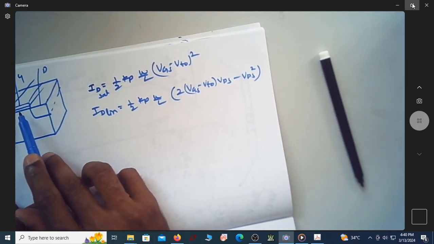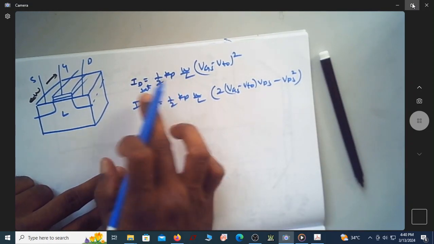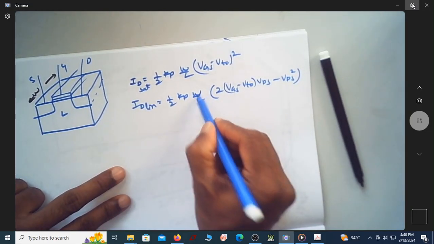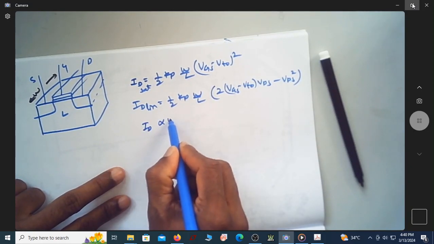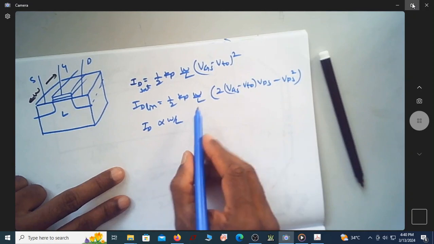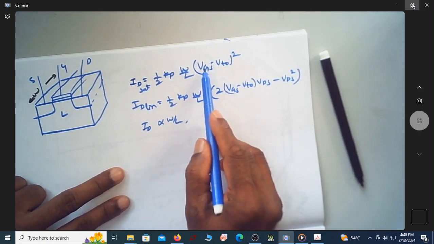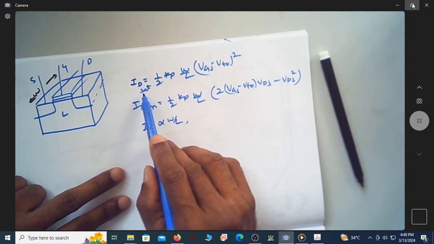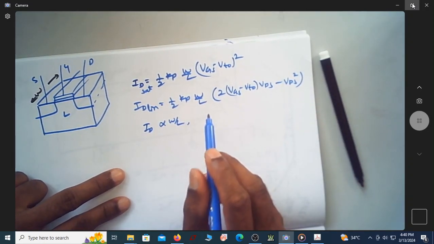Whether the MOSFET is operating in saturation or linear region, from these equations we know that ID is proportional to W by L, and it depends quadratically on VGS in saturation, and linearly with respect to VGS in the linear region.